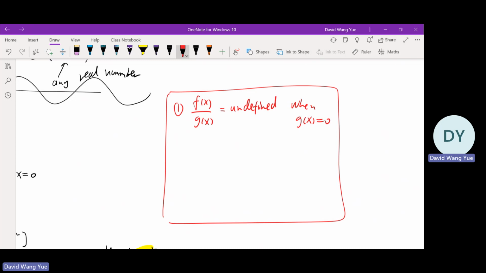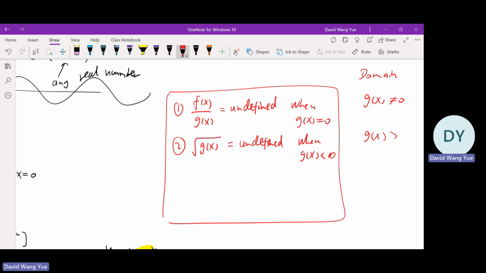So g(x) has to be not equal to 0. The second case, the square root of g(x) is undefined when g(x) is less than 0. So in order for the square root to be defined, g(x) has to be more than or equal to 0.